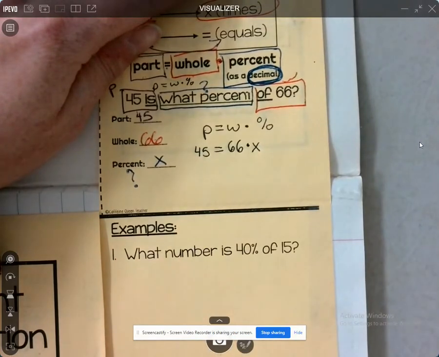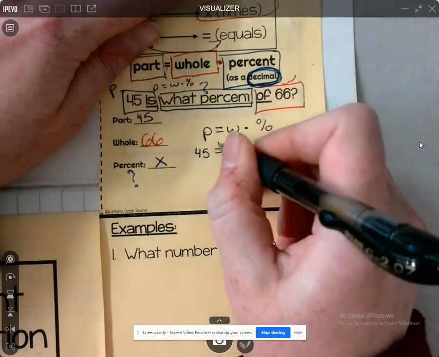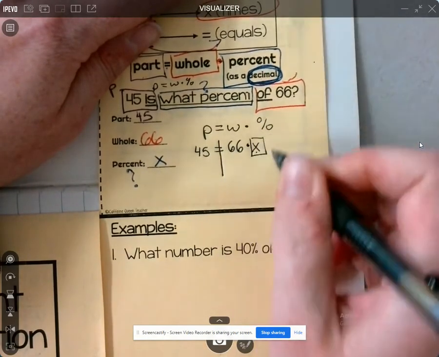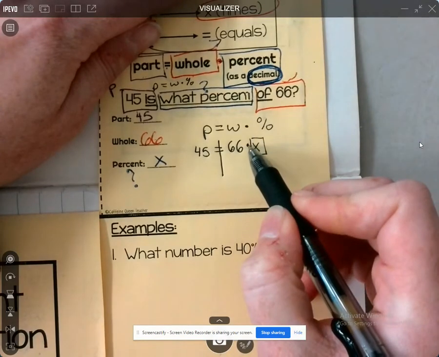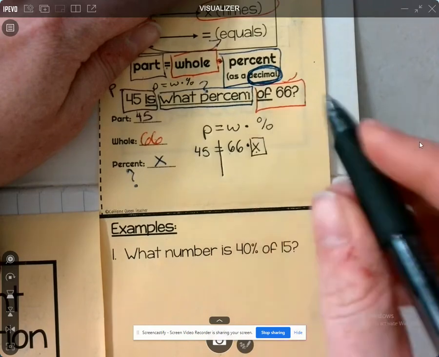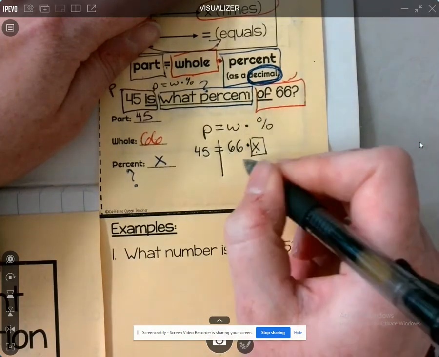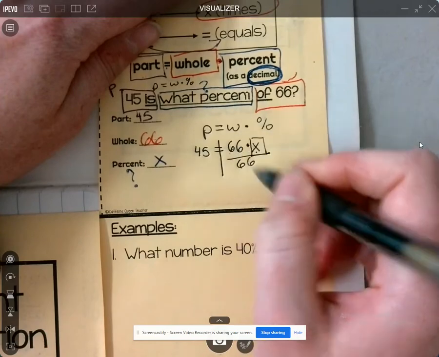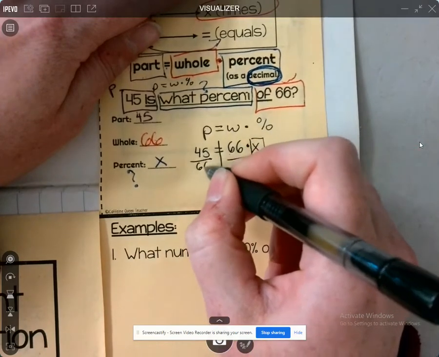Now we're going to solve for our missing value, which here is x. We have two sides to every equation. We want to isolate the x. Therefore, we want to get rid of a times 66. Well, what's the opposite of times 66? The opposite of times 66 is divided by 66. Whatever we do to one side, we want to do to the other.